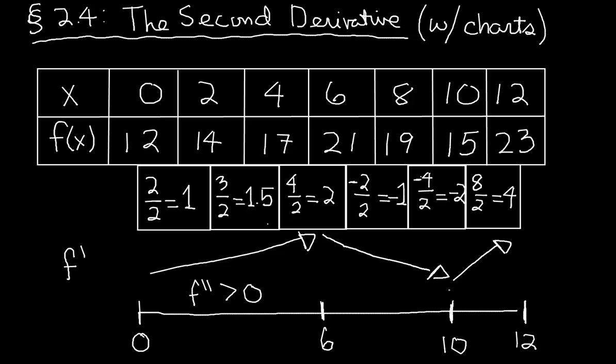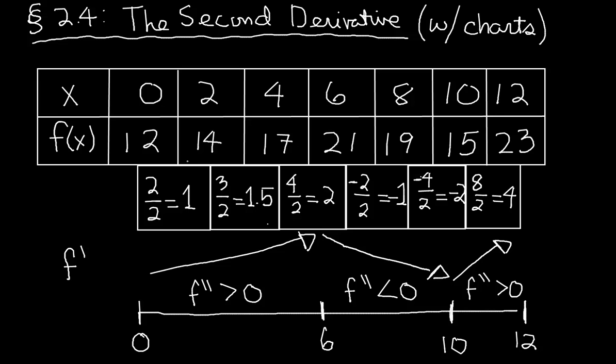F prime decreases from 6 to 10, and so we expect f double prime to be negative there. But then from 10 to 12, it becomes positive again because f prime is increasing. And this is how you can tell whether or not the second derivative is positive or negative from the chart. You just look at average rates of change and determine where they're increasing and decreasing.